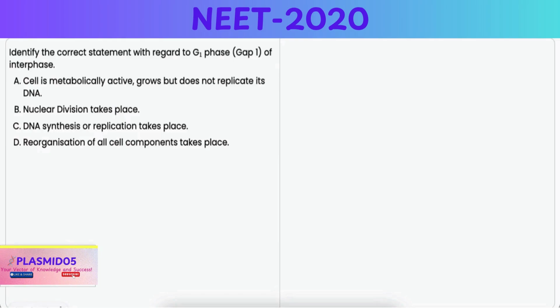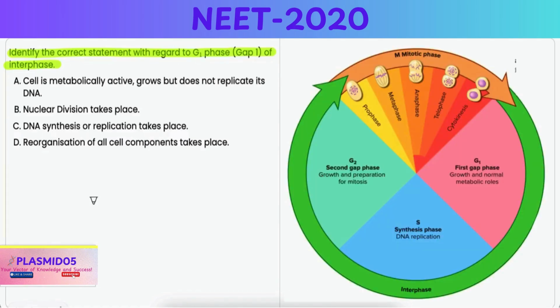In this question, you have to identify the correct statement with regard to G1 phase of the cell cycle. Option A, cell is metabolically active, grows, but does not replicate its DNA. Now G1 phase, that is the gap 1 phase, is the first phase of interphase which precedes DNA synthesis, that is the S phase.